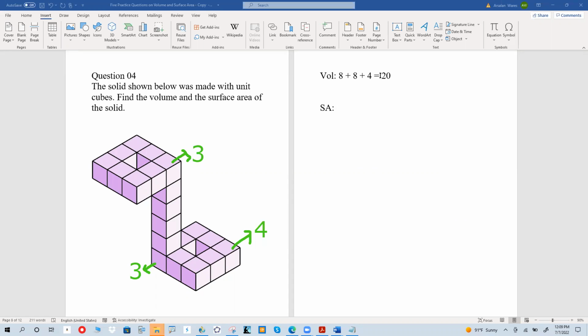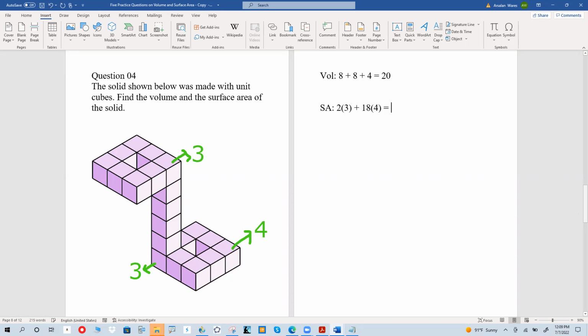Now, out of 20 cubes, there are 20 cubes there. 2 of them have 3 exposed faces. 2 cubes, 3 faces per cube. That's why 2 times 3 plus 18 of them. 18 of them have 4 exposed faces.